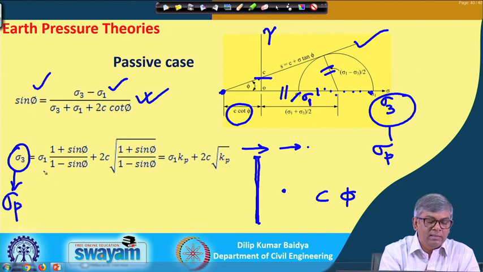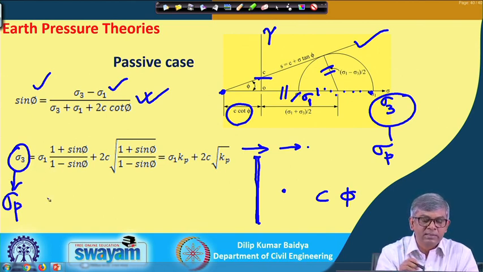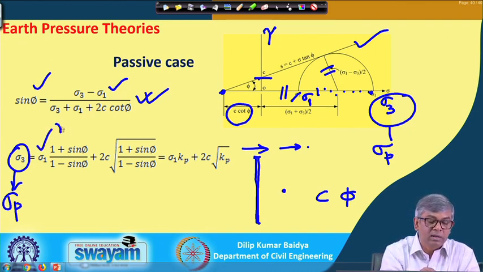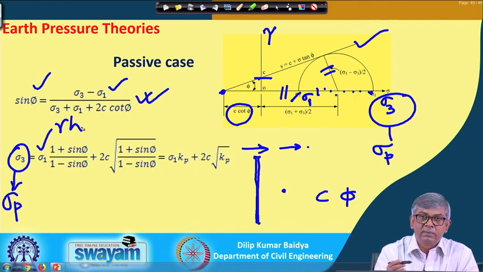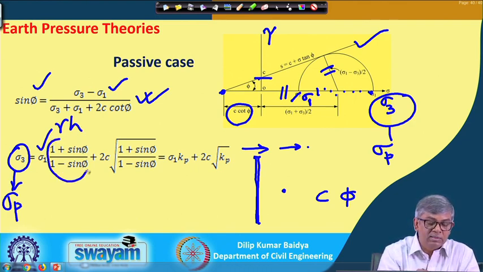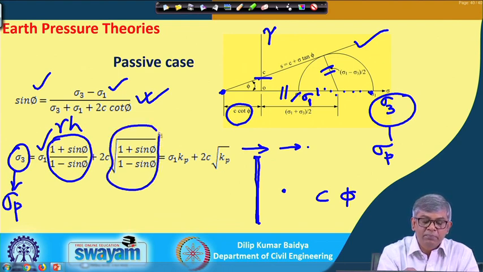Okay. And once you have expressed this, in terms of what should I express? I should express it in terms of sigma 1, which is known, equal to gamma times h, and if a water table is there, it is gamma submerged times h. This becomes (1 plus sin phi) by (1 minus sin phi) plus 2 c multiplied by the square root of (1 plus sin phi) by (1 minus sin phi).